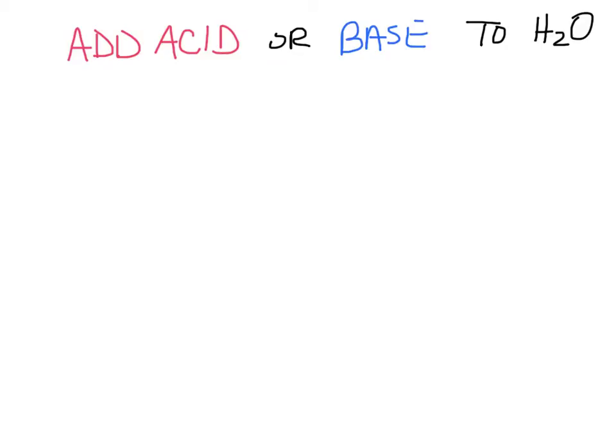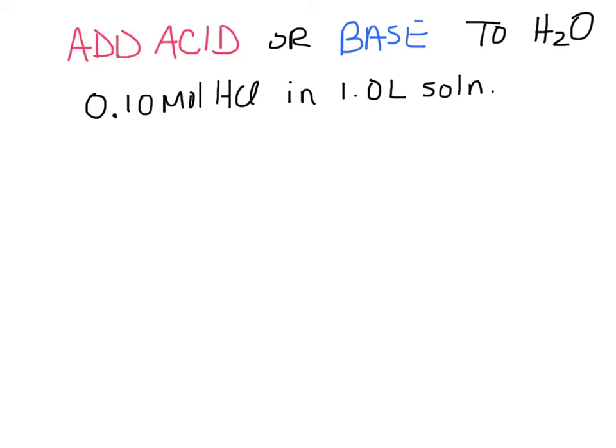Okay, now what happens if we add a strong acid or a strong base to water? So let's just say we dissolve 0.1 moles of hydrochloric acid in 1 liter of solution. Okay, so we would end up with a 0.1 molar hydrochloric acid solution.